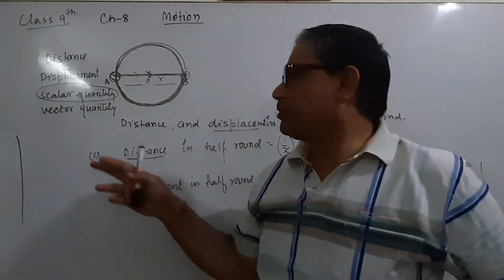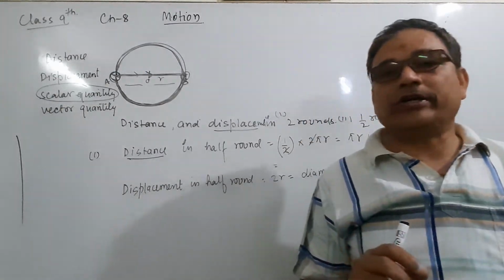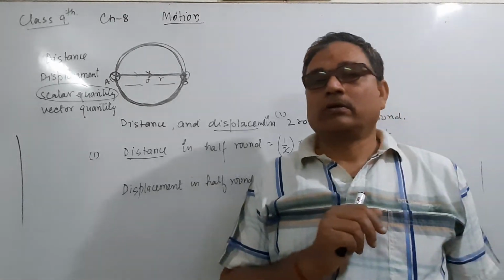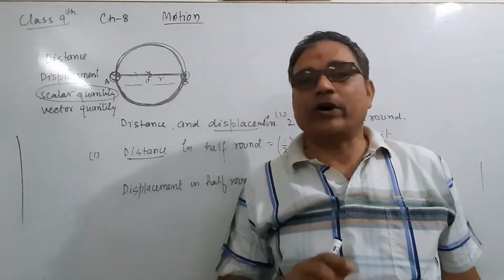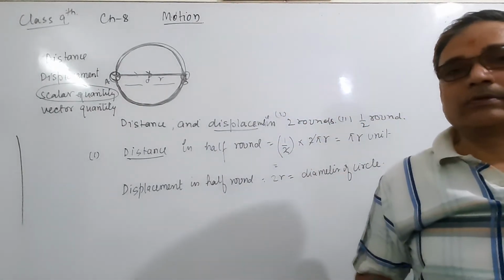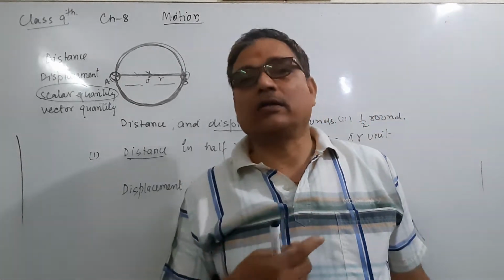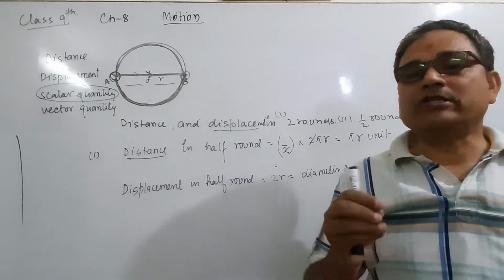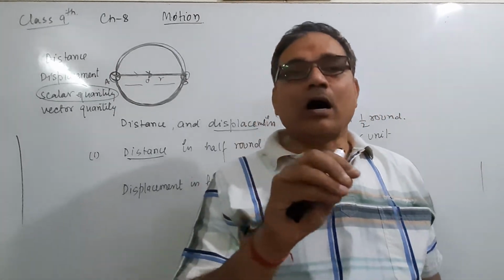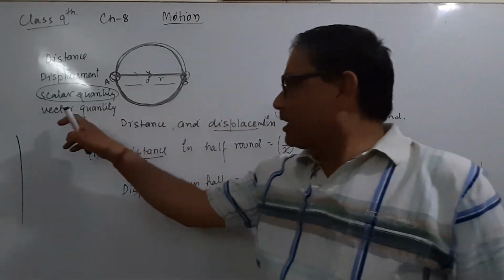So what do we say about scalar quantity and vector quantity? Scalar quantities are those quantities which have only magnitude. For example, time, distance, speed, mass. These physical quantities have only magnitude; therefore, they are scalar quantities.